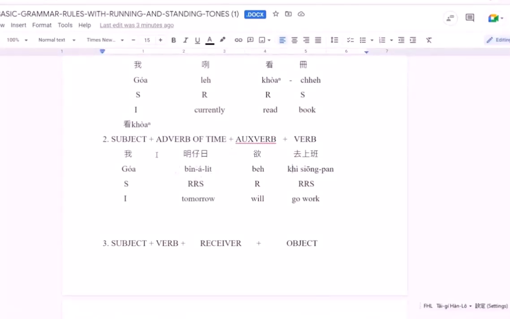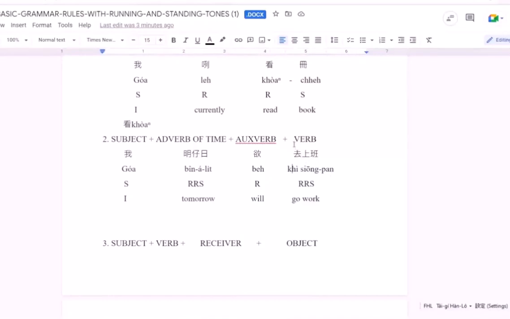But just to put it simply, this whole thing will function as an adverb of time. And then we have the rest here. Just auxiliary verb, be, indicating will, just going to happen. And then ki xiong pan. Ki means go. Xiong pan means to attend, or to go to work.